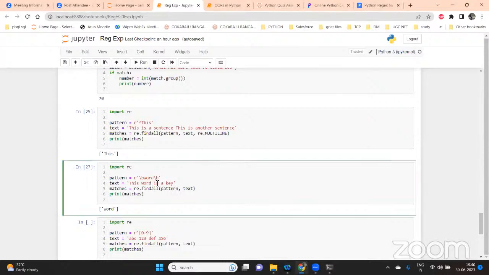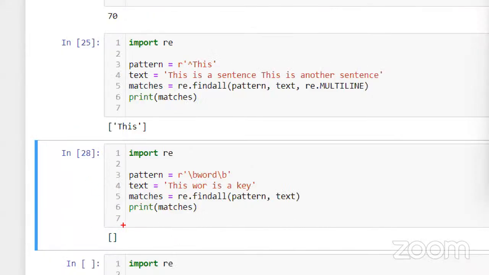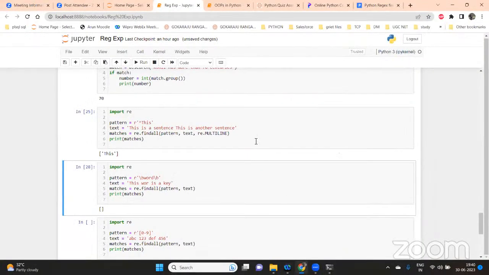So let me remove the d here. Now it is not working. So it is not about either start or end. Like you people said, it has to match exactly with the starting and ending sequence. Here, only the starting is matching, but the end is not matching.